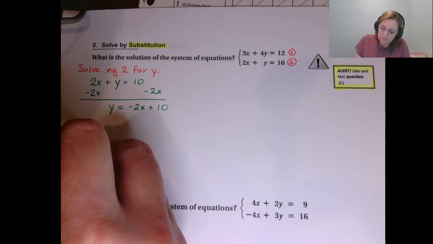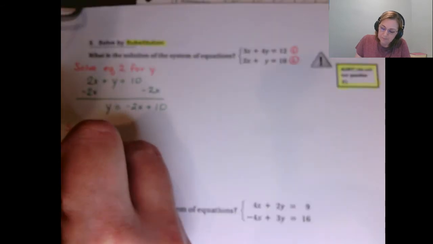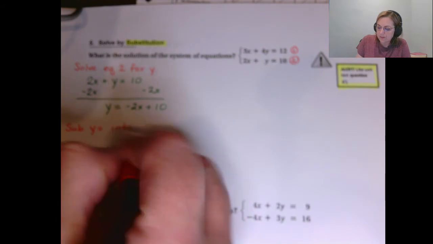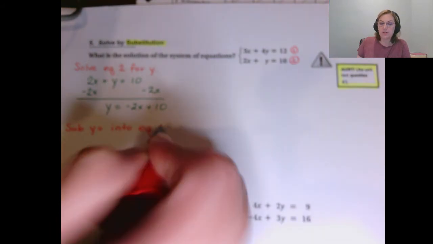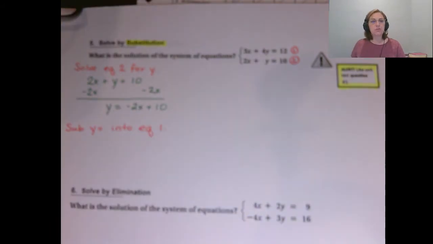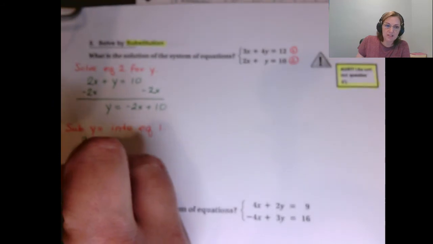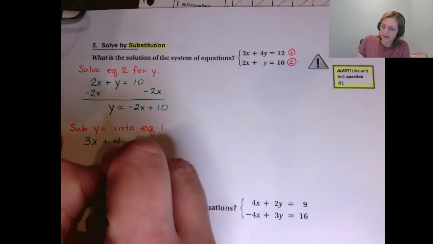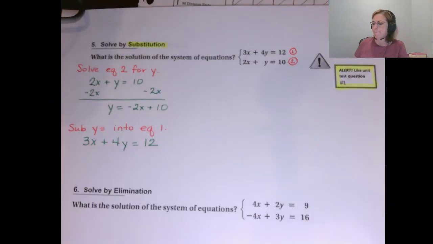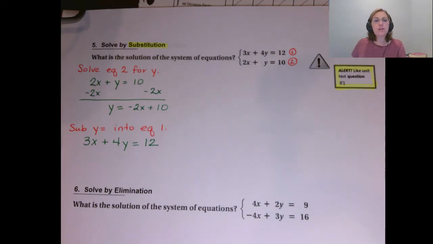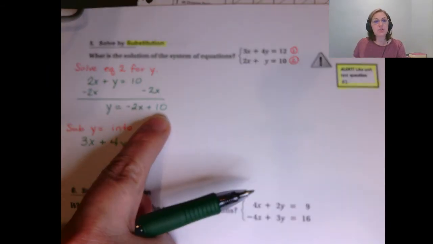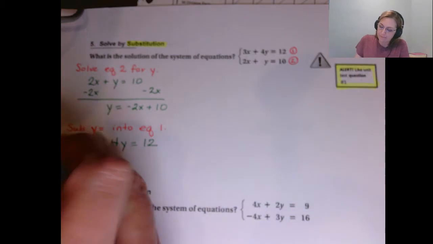And now we're ready to substitute this into equation 2. I'm sorry, equation 1. So we solved equation 2 for one of the variables. Now we're going to substitute this into equation 1. So equation 1 is 3x plus 4y equals 12. And we're going to substitute negative 2x plus 10 in for y.